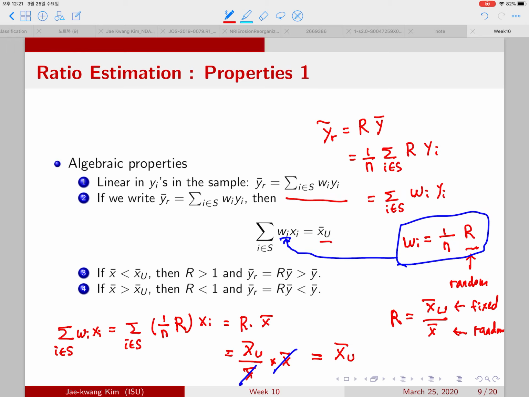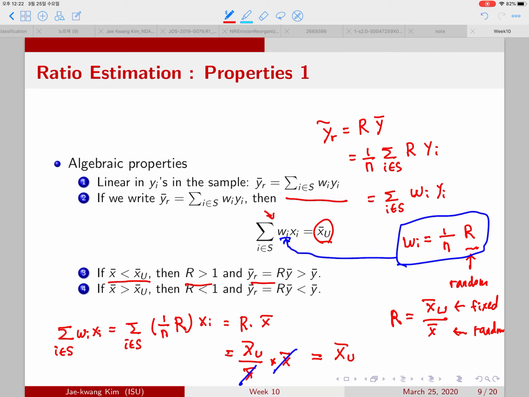So the left side is an estimator, which you compute from the sample, but the right side is actually a population quantity. So that is nice. If the sample mean of x is less than the population mean of x, then by definition the ratio is greater than 1.